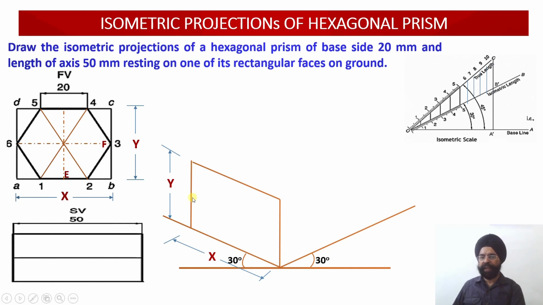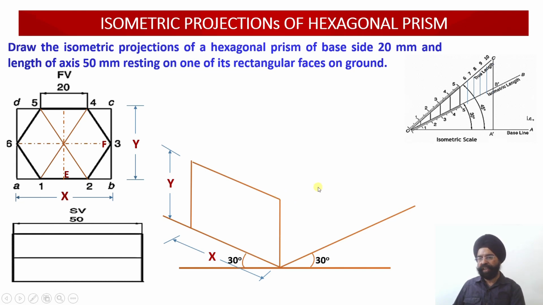So the front face of the hexagonal prism has been drawn. Because this is the longer edge, point 1 will lie here and point 2 will lie here. So my hexagonal prism will be resting on one of its rectangular surfaces.